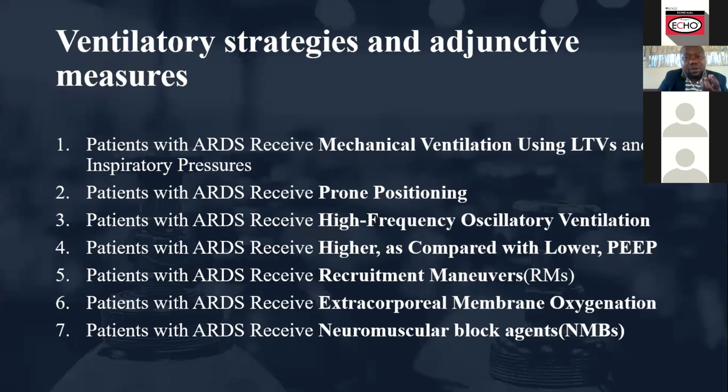If the normal lung should contain 500 milliliters, in ARDS patients you are going to give the same amount of volume, yet some of the alveoli have been damaged and are no longer viable to contain that volume.